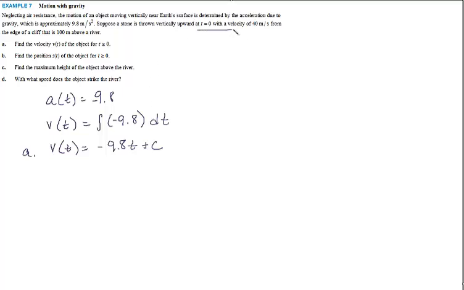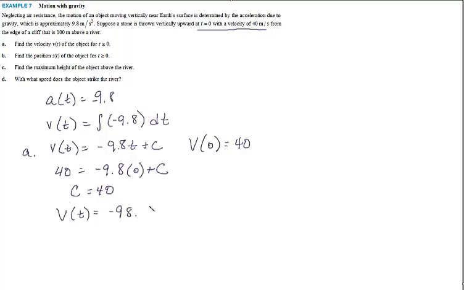They say it's thrown upward at a velocity of 40. So that means v of 0 equals 40. Plugging that in, v is 40 minus 9.8 times 0 plus c. That lets me know that c equals 40 in this case. That's pretty nice. v of t is minus 9.8t plus 40. That's my velocity equation.